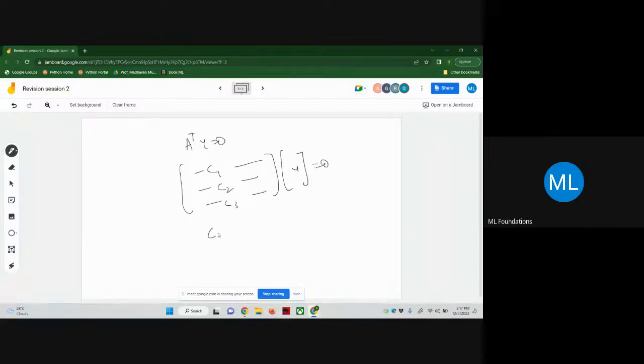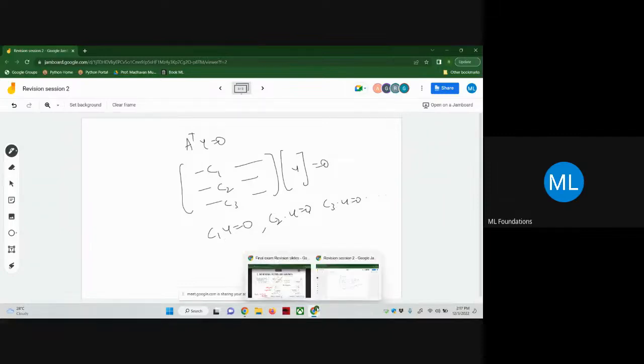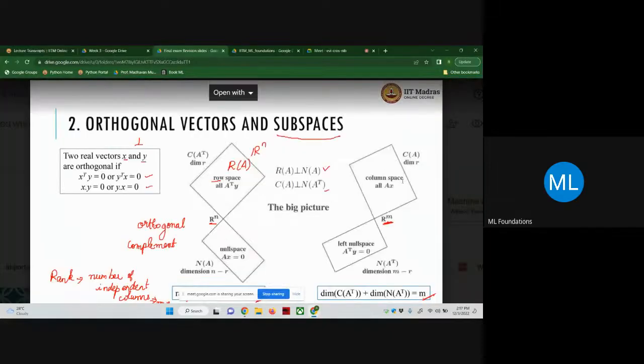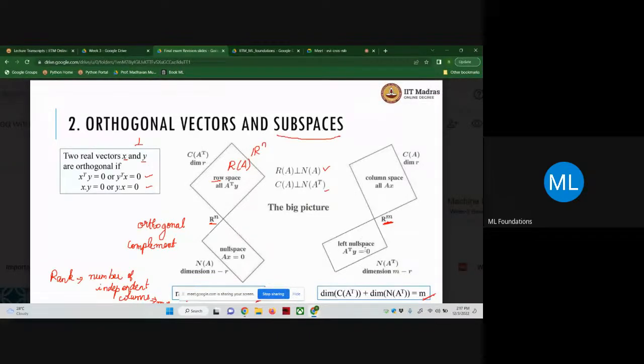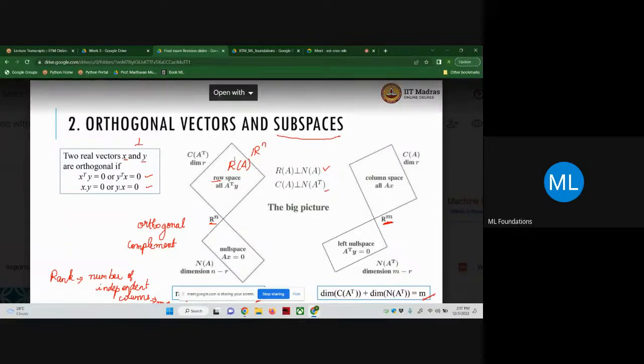So C1 dot y is equal to 0, C2 dot y is equal to 0, C3 dot y is equal to 0, and so on. So basically, the column space will be perpendicular to the left null space, A transpose y equals 0. Okay, is this clear?